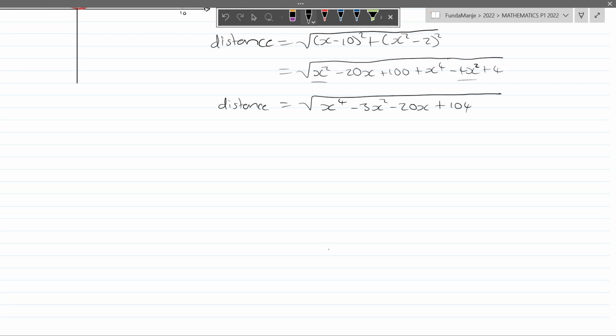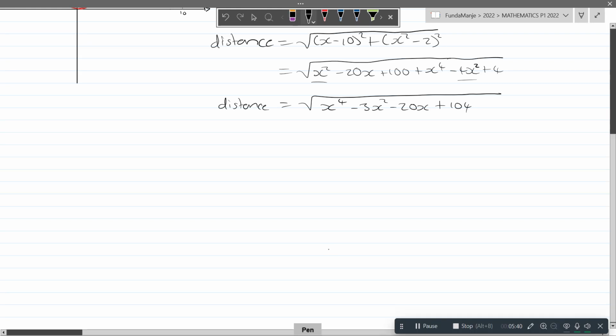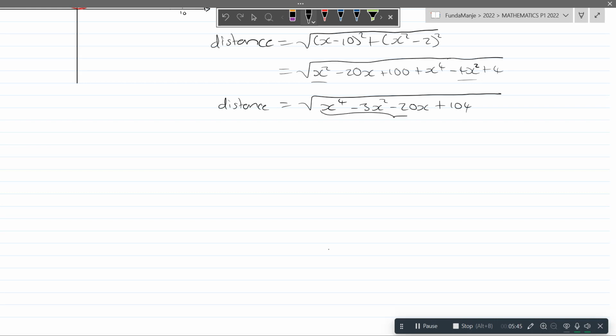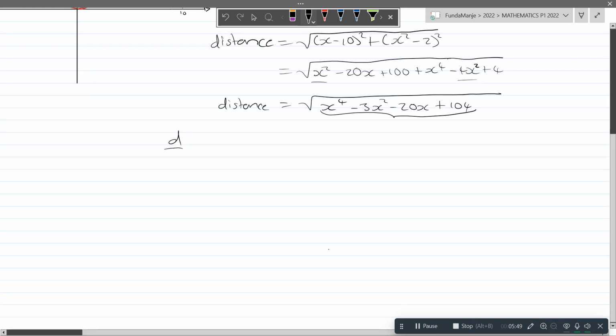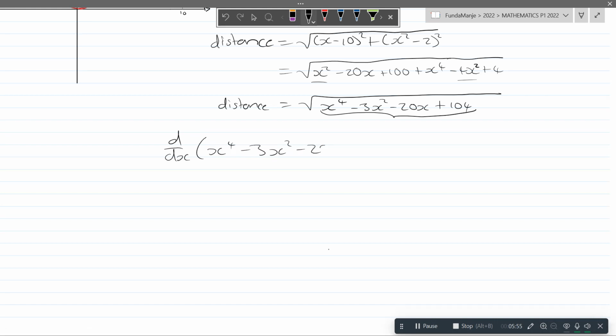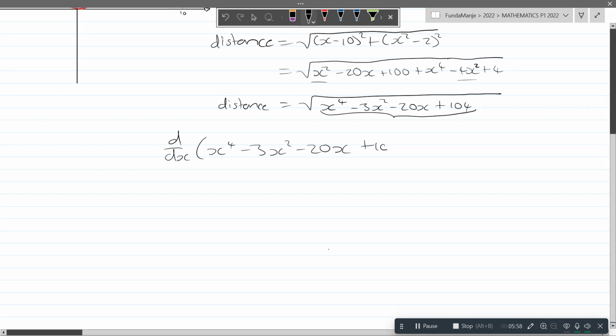So to work out the derivative, we need to find the minimum value of what's inside the square root here. So we want the derivative d over dx of x to the power of 4 minus 3x squared minus 20x plus 104.